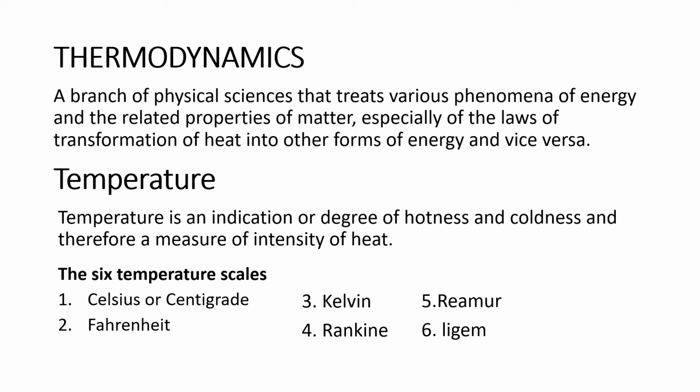So what is temperature? Temperature is an indication or degree of hotness and coldness, and therefore a measure of intensity of heat. There are 6 temperature scales: Celsius or centigrade, Fahrenheit, Kelvin, Rankine, Reaumur and Legend.